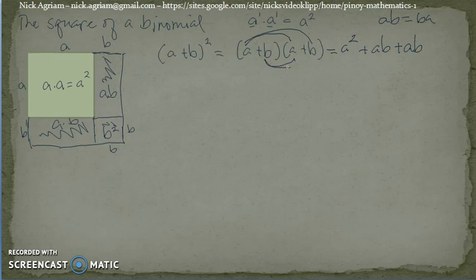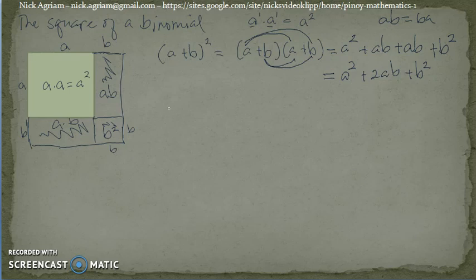And then we have the last term, B times B is B squared. If we simplify that, it is A squared plus 2AB plus B squared. This is the pattern. It doesn't matter how they look like. It always follows this pattern. That is why it is called one of the special products.